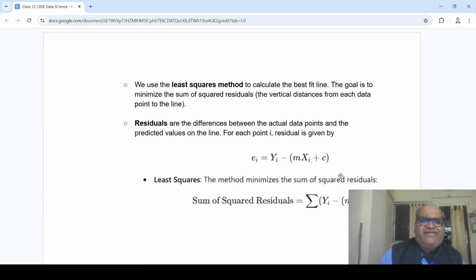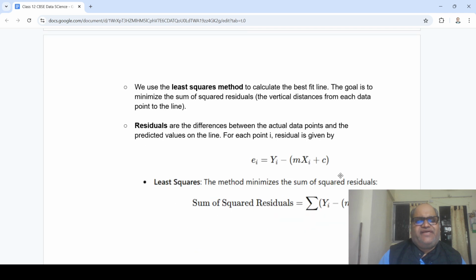There is a technique called least square method. Given the introductory nature of the class here, I'll just focus on you keeping this term in mind. And the idea here is there is a new term that we are calling residuals.